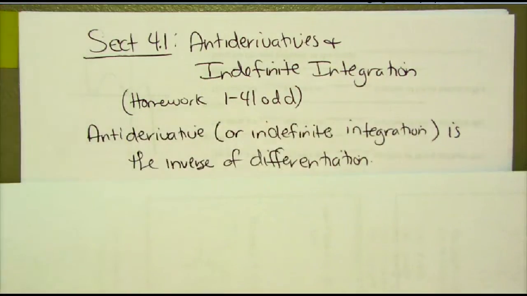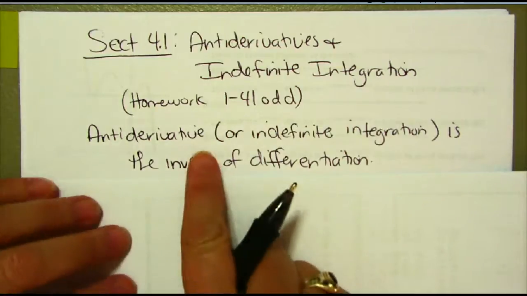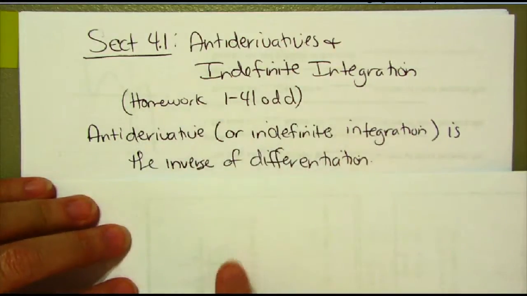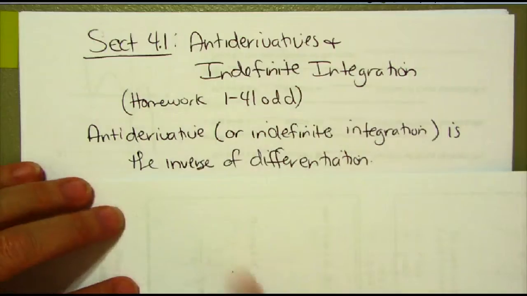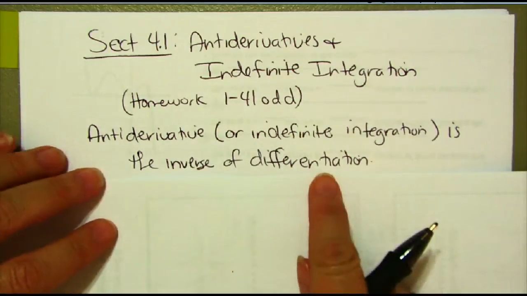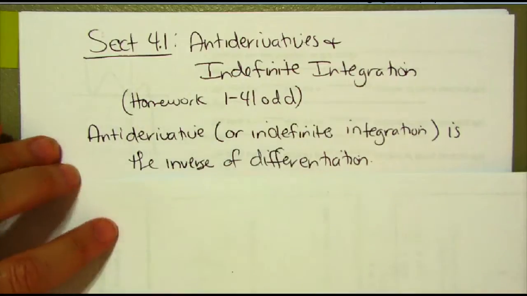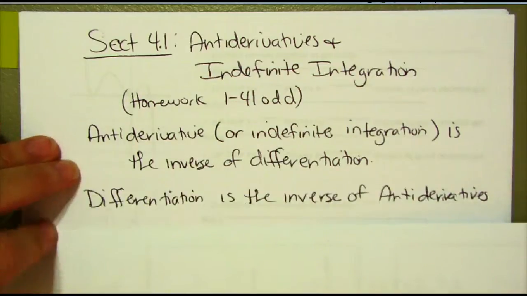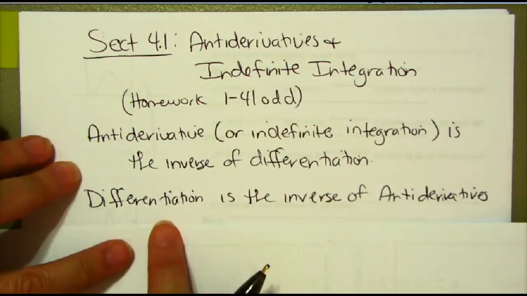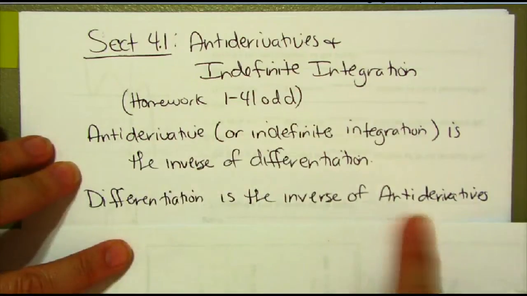To begin with, antiderivative, another word for that is indefinite integration, is the inverse of differentiation. In other words, taking the derivative. And differentiation, when we've been taking the derivative, is the inverse of antiderivatives.